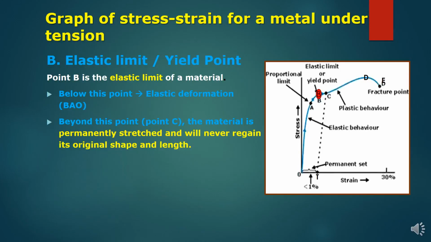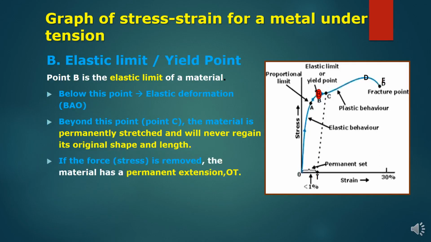But beyond this point, the material is permanently stretched and will never regain its original shape and length. If the force is removed, the material has a permanent extension OT.